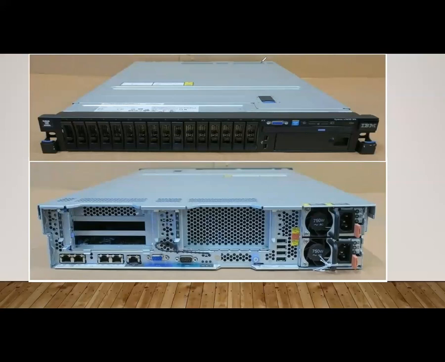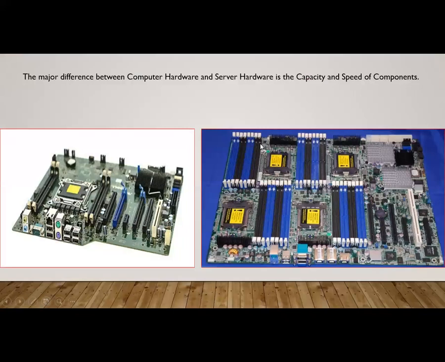What exactly do more hardware capabilities mean? Let me show you this. See, there are two motherboards here, my friend. One motherboard is of a desktop and one is of a server. You can see the difference clearly. On the desktop motherboard, first of all, see how many processors are there?